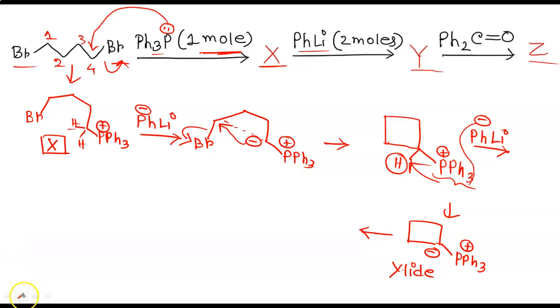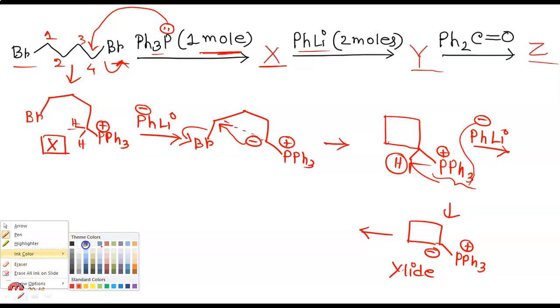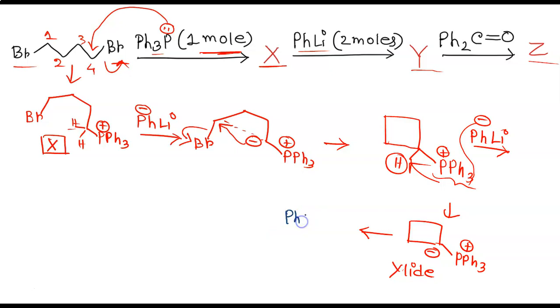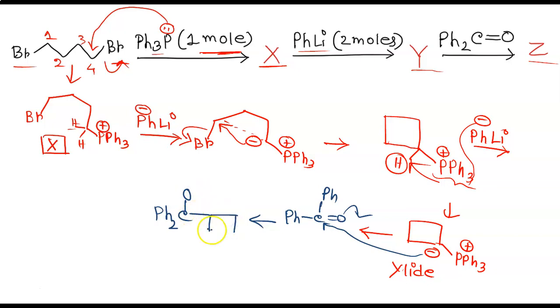Let me change the color. Now we have taken Ph2CO. This negative charge will attack here, and we will get Ph2CO, then. Okay.